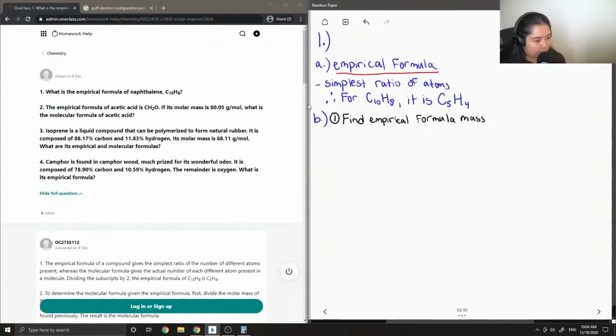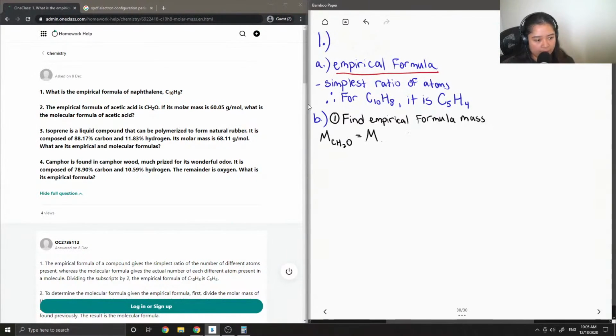So first, we need to find the empirical formula mass. The empirical formula is CH2O, and I just denoted it as a capital M, as if we're finding the molar mass of CH2O.